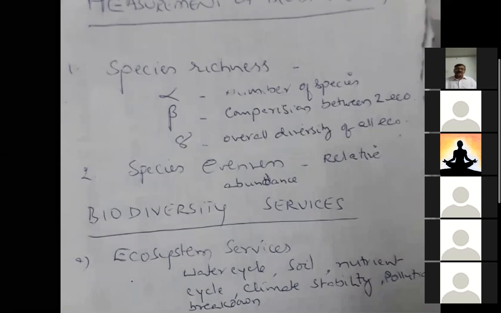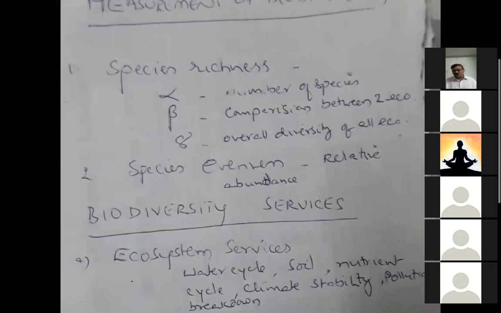This richness again is measured in 3 types. One is alpha, second is beta, third is gamma. So species richness is categorized into alpha, beta, and gamma.